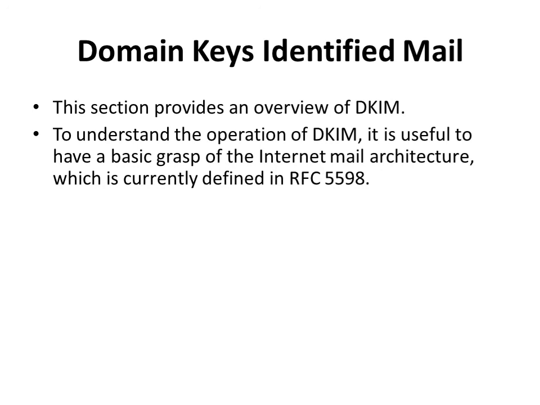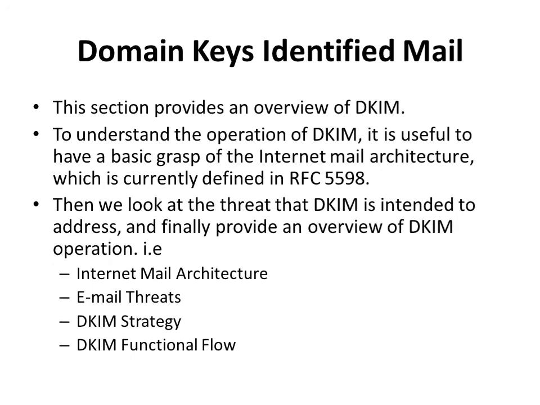Then we look at the threats that DKIM is intended to address, and finally provide an overview of DKIM operation, that is, Internet Mail Architecture, email threats, DKIM strategy, and DKIM functional flow. So this is an important chapter for you to concentrate on, from an exam point of view as well as a knowledge point of view.